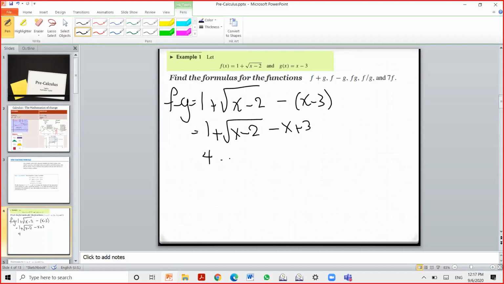So 4 minus x plus square root of x minus 2. Here, if you subtract them, okay?